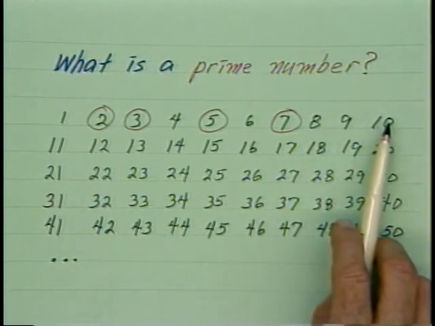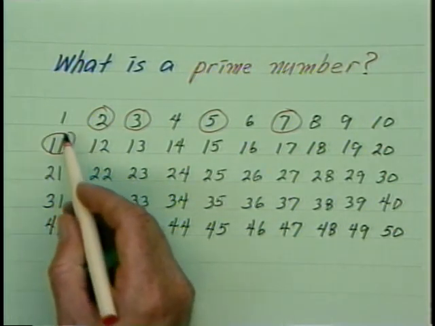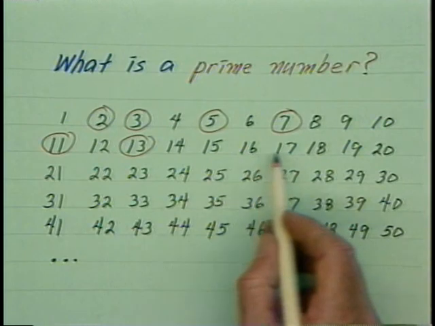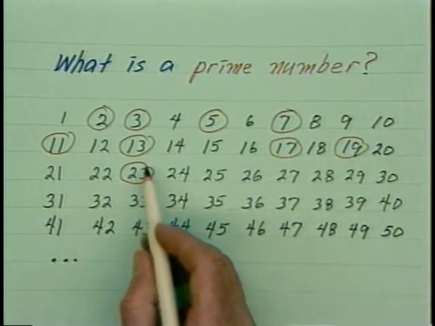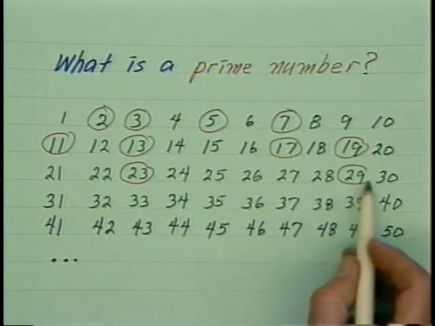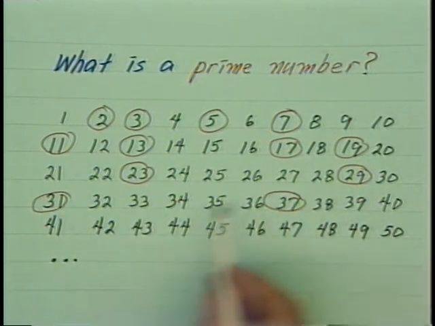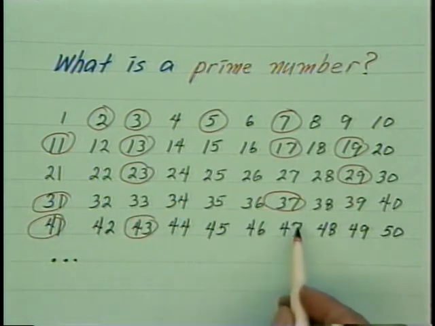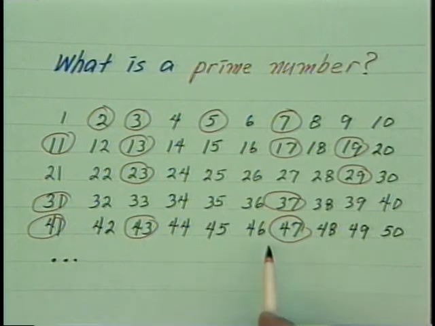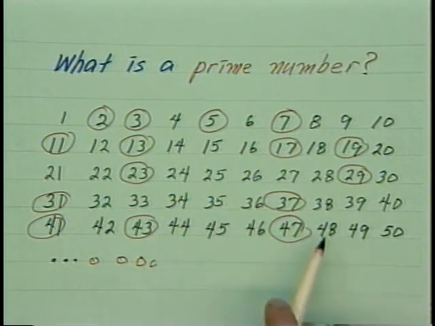So in the last lesson, we developed a partial list of prime numbers, which consisted of these numbers I'm now circling. And the reason we said a partial list is because just as the natural numbers go on forever, so does the list of prime numbers.